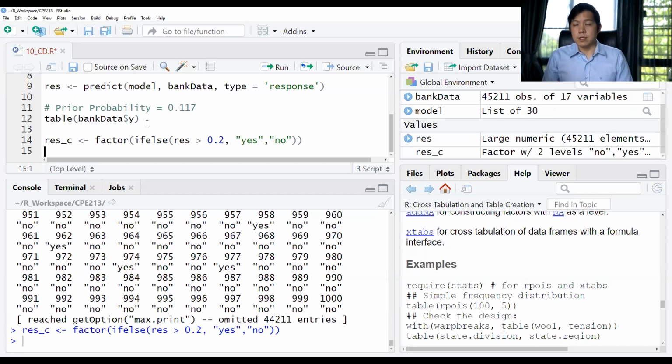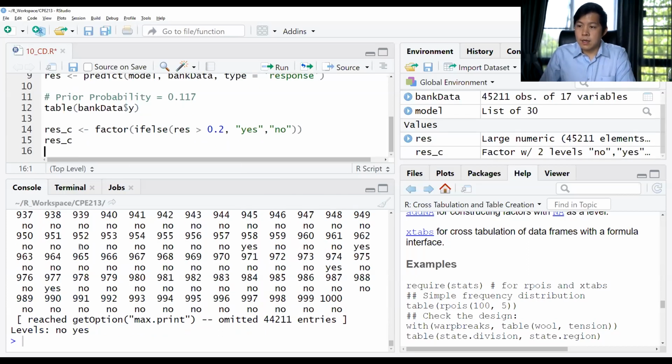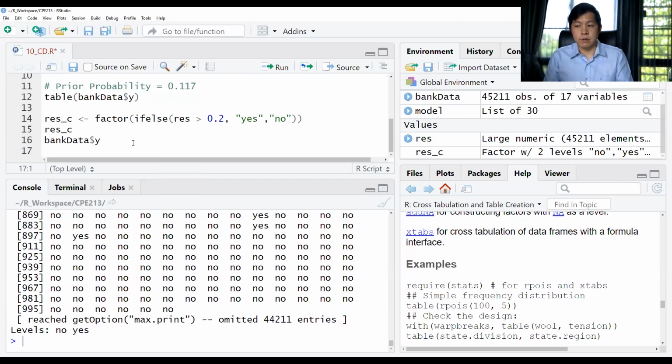Then we will compare the result. Right, the way to evaluate the results: because we now have this res c, right? This res c is the class, right? Yes and no class, just like this bank data $sign y, they are also class here.